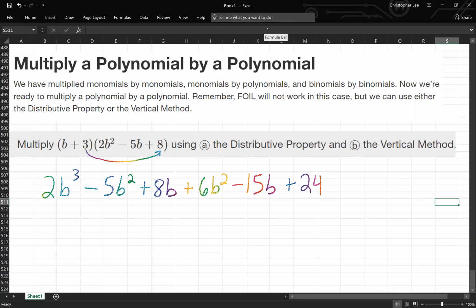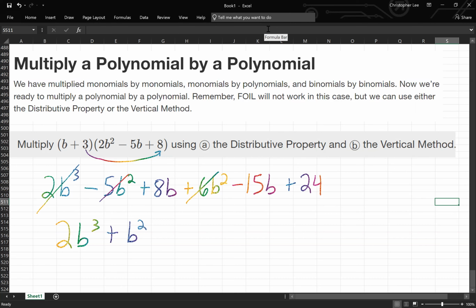Now, let's combine like terms. So I have the 2b cubed. Now, this is a personal preference of mine. Every time I write down one, I like to kind of cross it out. Next, I'm going to look at my squares. So I have negative 5b squared plus 6b squared. That's just going to give me a plus b squared. Now I have 8b minus 15b.